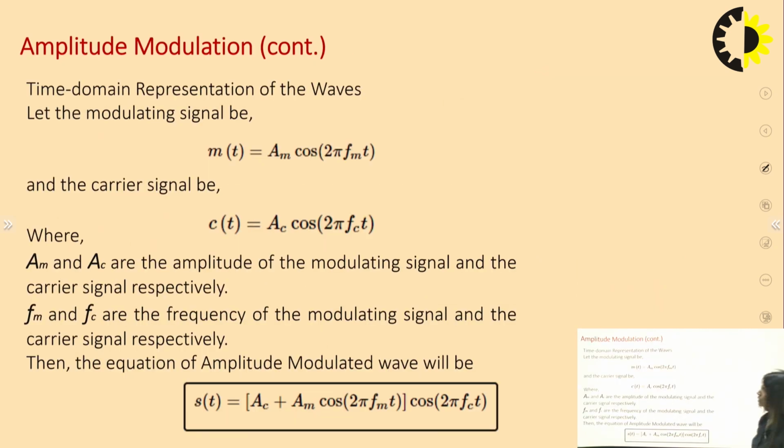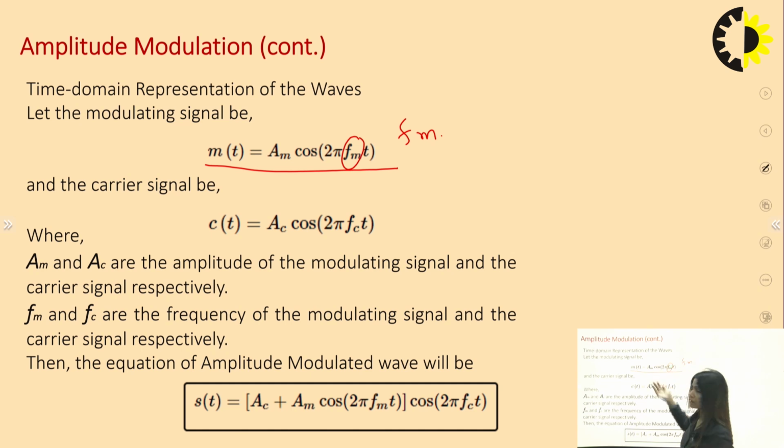Now coming to the representation of amplitude modulation. m(t) = Am cos 2 pi fm t, where fm is the frequency of the modulating signal. We are taking a simple cosine signal for the modulation, but here this fm is very low, and that cannot be transmitted.